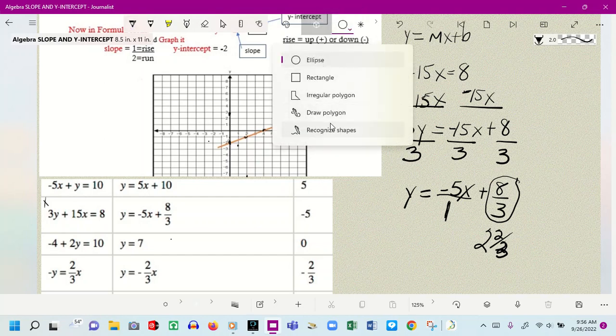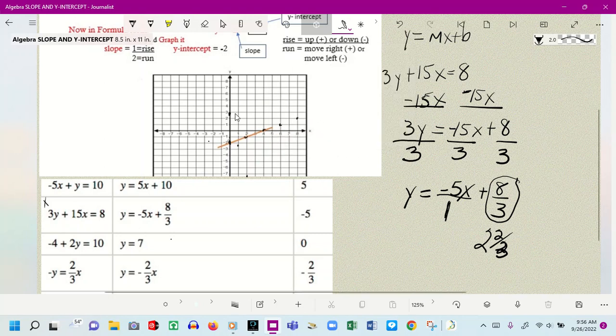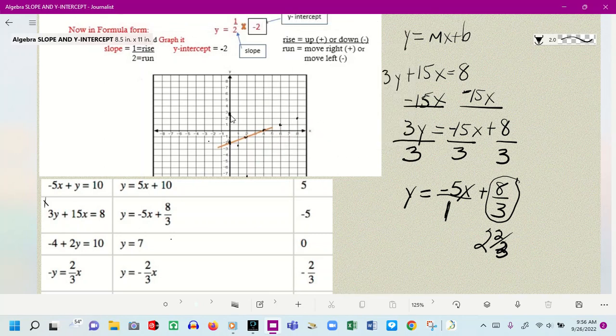I'm attempting to make a line to show you what the line will look like on this equation. There you go. So this is the line for the equation y equals negative 5x over 1 plus 8/3.